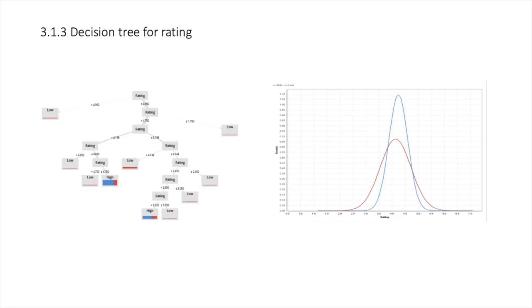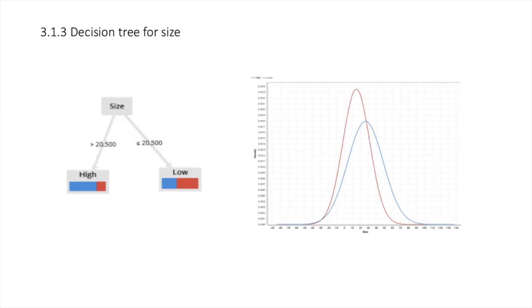Another impact of attributes, we are going to talk about the size attribute. After we build the decision tree for size, we can find the decision tree of attribute size is pretty simple and clear, which indicates the relationship between demand level and application size.